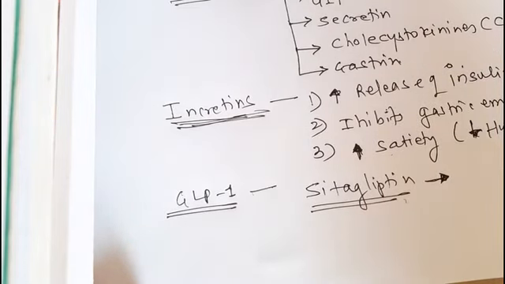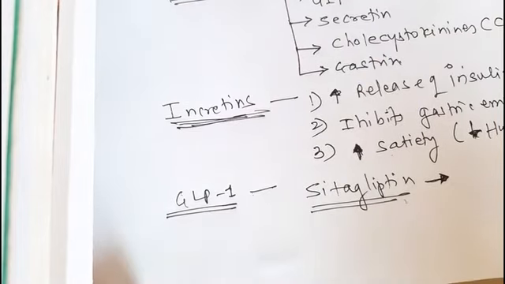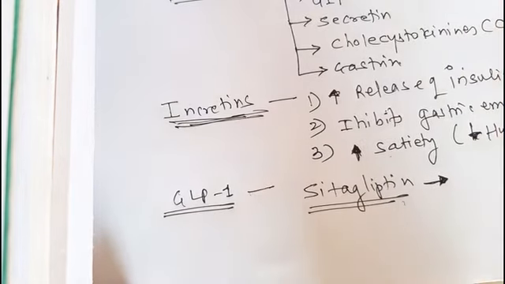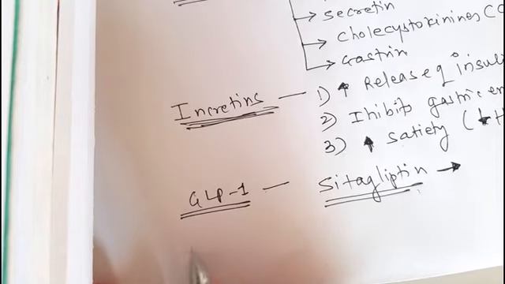Insulin is the only hypoglycemic hormone, meaning it reduces the blood sugar level, while growth hormone, thyroid hormone, epinephrine and norepinephrine are all hyperglycemic hormones that increase the blood sugar level. So they also regulate the secretion of insulin.